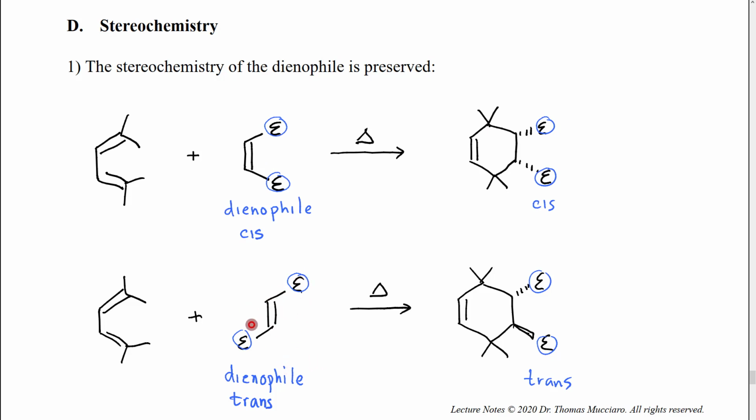In contrast, if they are trans, then they're going to go on trans to the ring, which means one will be on a dash, one will be on a wedge. And again, we're going to have to account for that when we look at how to put these rings together. In this case, we can clearly tell the difference between cis and trans regardless of the structure of the diene.